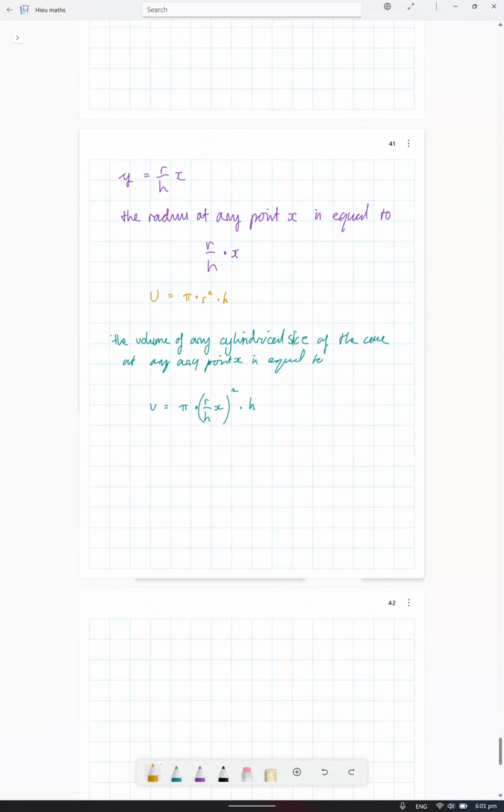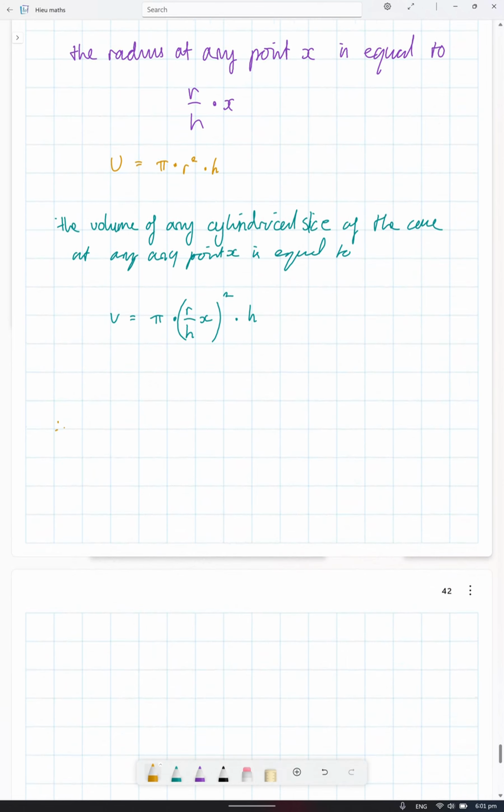So therefore, the total volume of the cone is given by, all we have to do is summation. So we're going to use the sigma notation first. We have the first slice, so that is x equals 1, or whatever the smallest thing is.